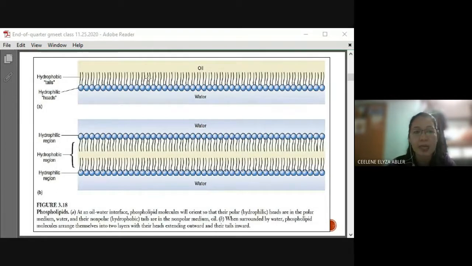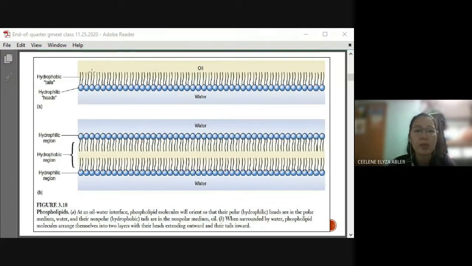Okay, it's because this one, yung hydrophobic natin, remember phobia means fear of, and hydro means water, so they do not like water because they repel water because they are made up of lipids or fats. So they just like something na kapareho din sa kanila in oil na solution or meron kang fats in that solution.